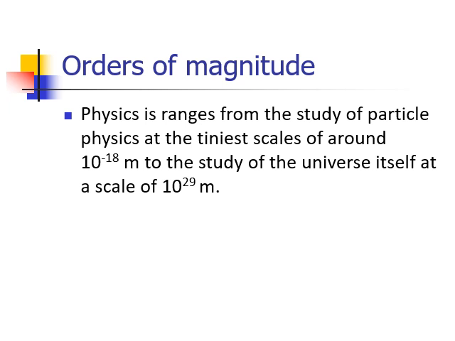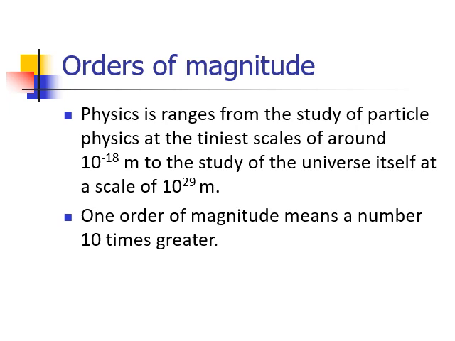Physics is a science that we study from very small scales to very large scales, from subatomic size to distances between galaxies and the size of the universe itself. An order of magnitude is a number that is 10 times greater than the previous number.